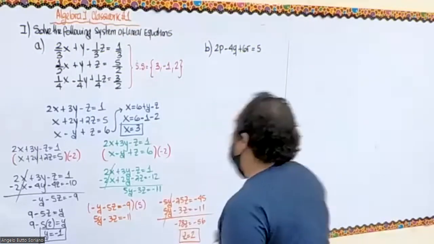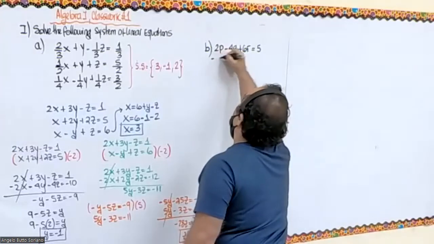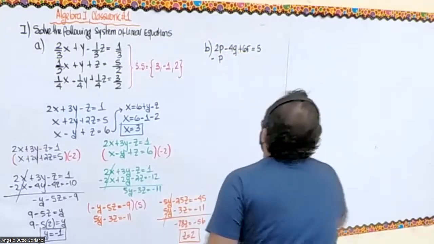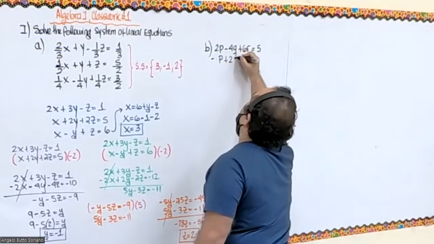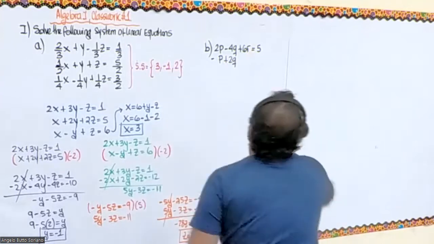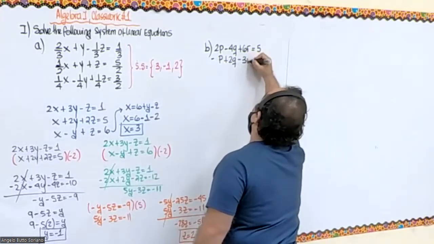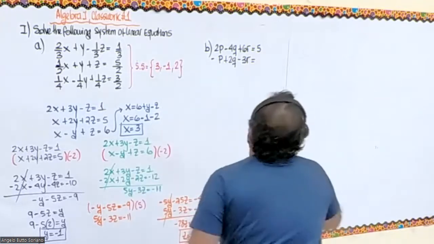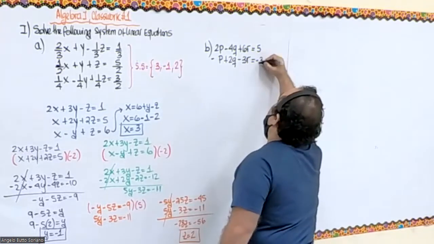Second equation: -p plus 2q minus 3r equals -3.